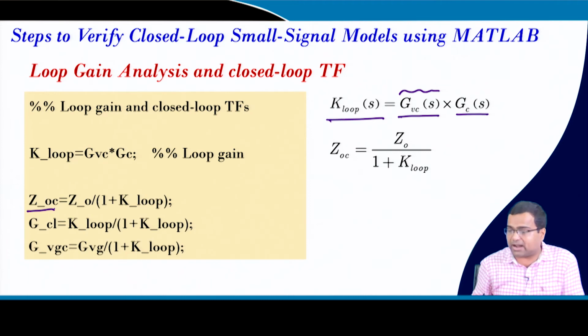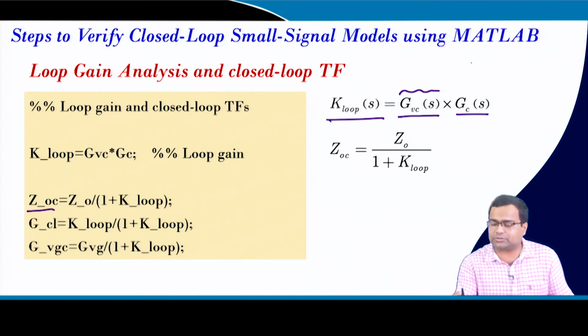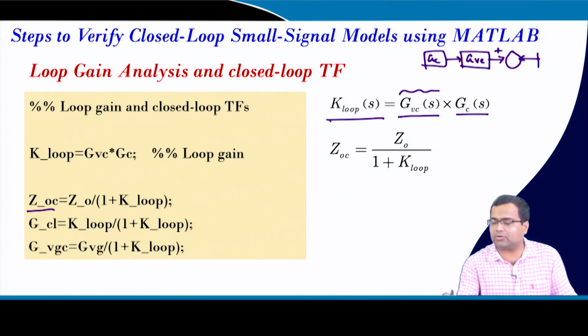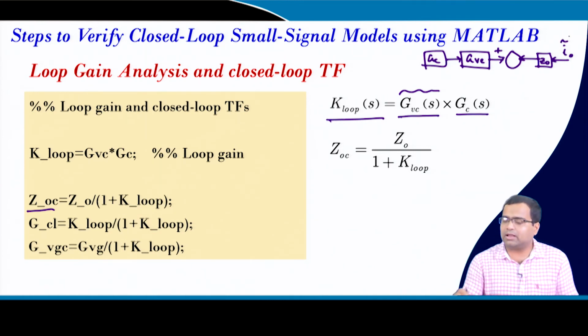So, if you go back to our plant model, suppose this is our GVC, and this is our GC, and this is our open loop output impedance, and this is our V0.